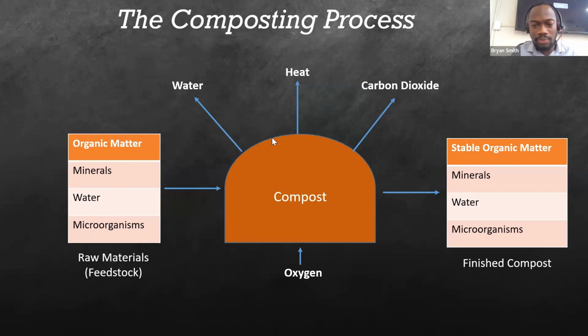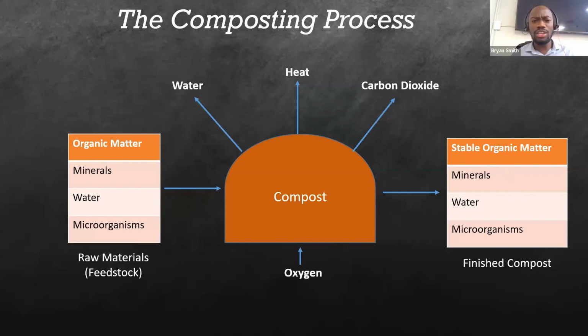Water being lost. We start to have heat, because the microbes are producing heat. And through respiration, we have carbon dioxide being released. And at the end of the process, what we have is stable. So we'll come back to that word stable: stable organic matter, stable compost that still has nutrients, but these nutrients now are more available.